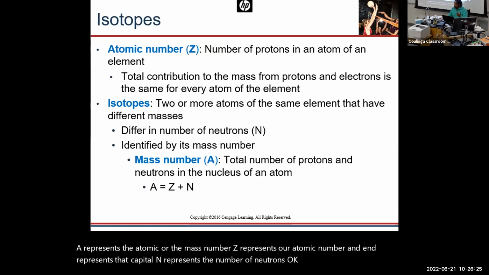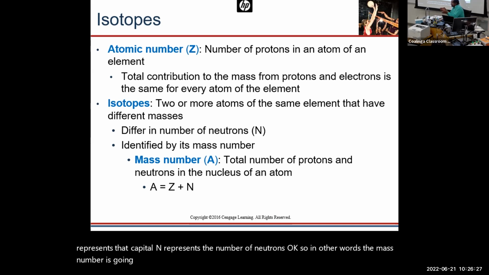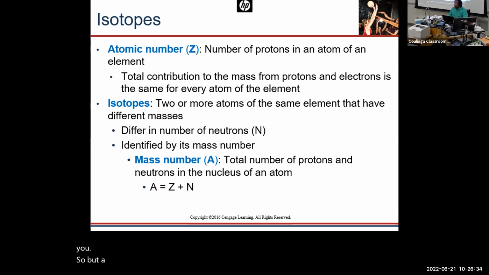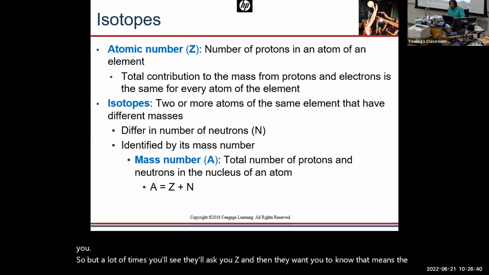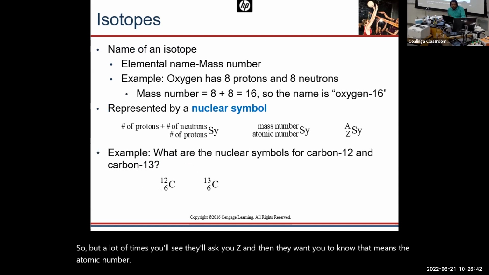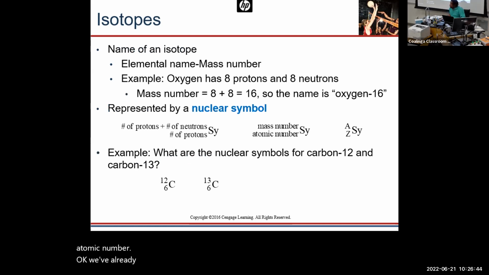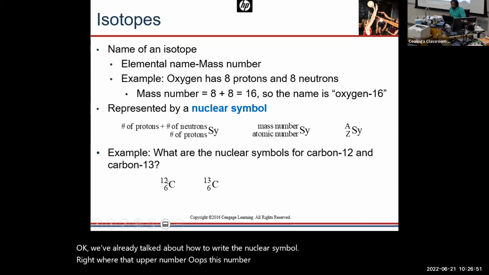In other words, the mass number is going to equal the number of protons plus neutrons. A lot of times they'll ask you what that means. We've already talked about how to write the symbol, where that upper number here is the mass number.